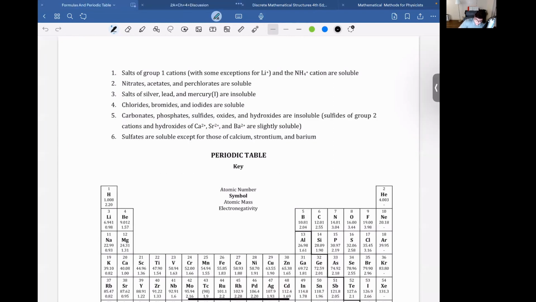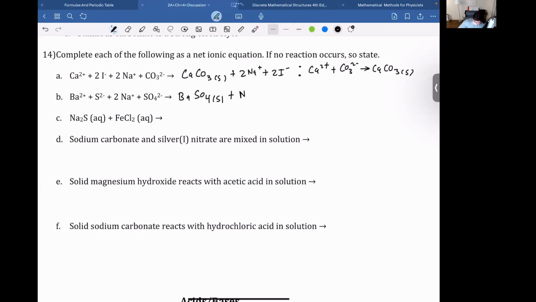Sulfides are insoluble, but salts of group 1 cations are soluble. So because the sulfide pairs up with Na, you don't have a solid, because anything with sodium is soluble. So the net ionic equation, again, you just cancel some things out. It's going to be barium plus sulfate yields barium sulfate.